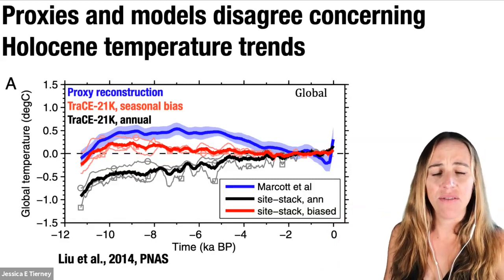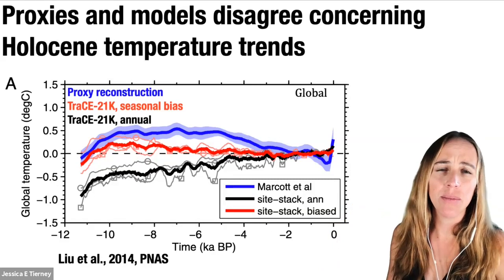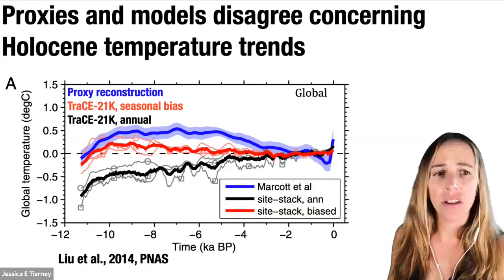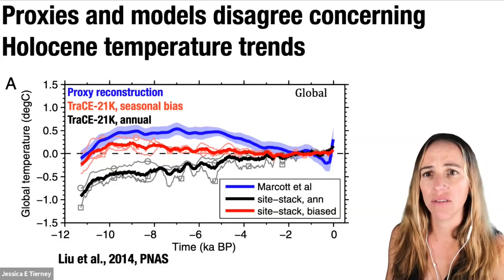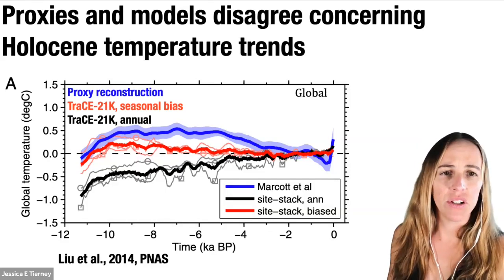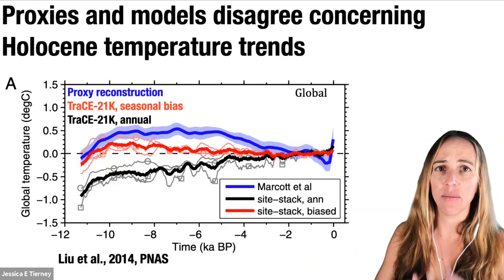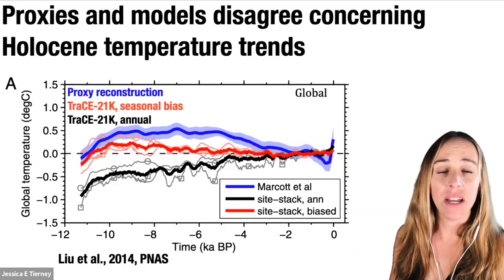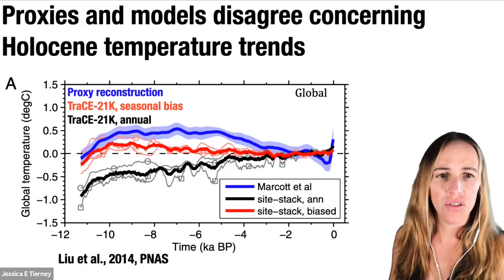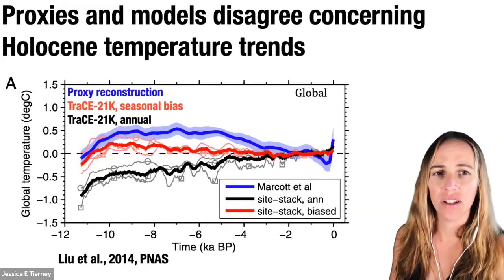So this is a figure from a 2014 paper by Liu et al., which compares the TraCE-21K continuous simulation of climate, which goes from the LGM to present with CCSM3. That's the line in black, and it shows the global climate evolution according to the model.